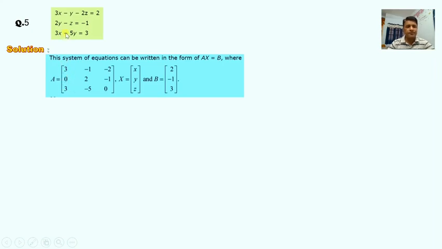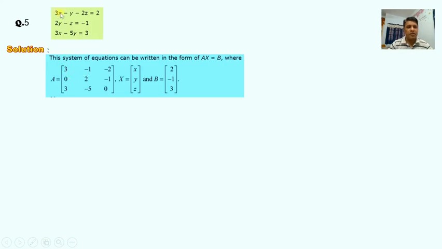In the third case this z is missing, so we will put 0 in place of z. So 0 into x plus 2y minus z, for the fulfillment of all three variables.